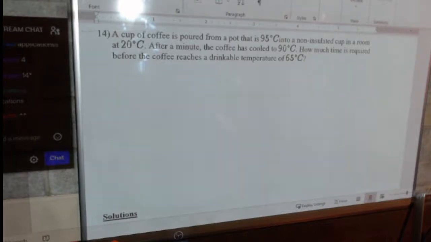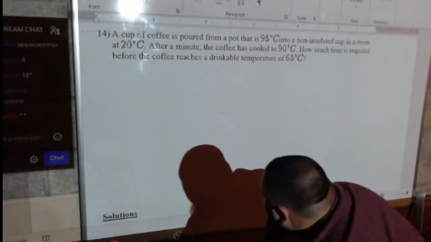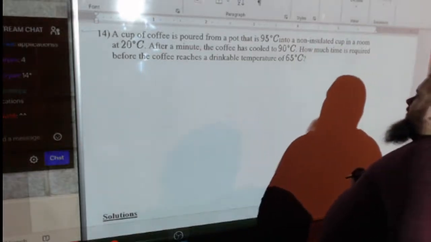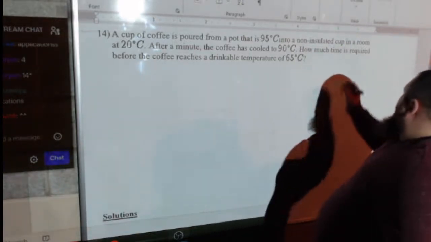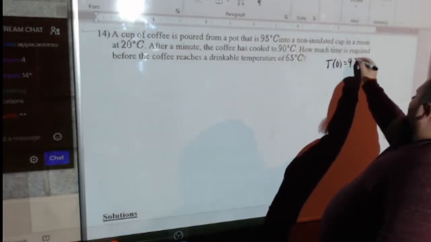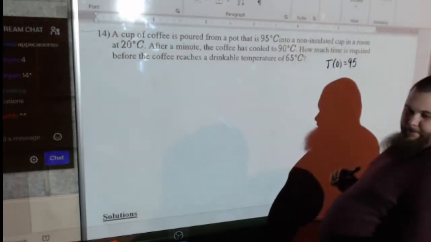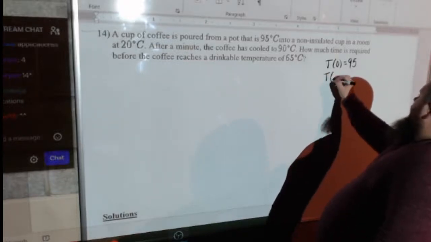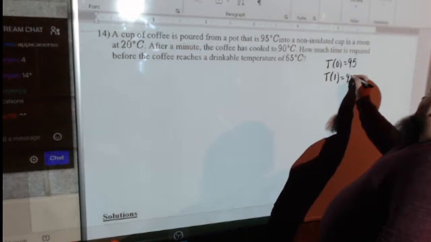So, a cup of coffee is poured from a pot of 95 degrees C. So, temperature at time t equals 0 is 95. Temperature after 1 minute is 90.